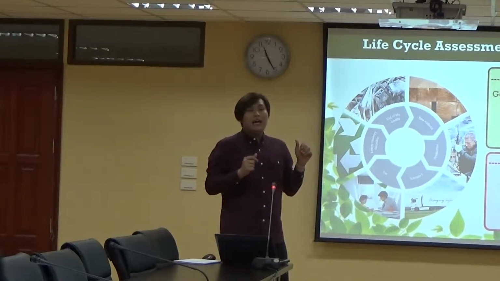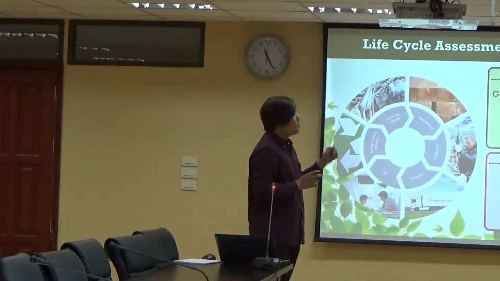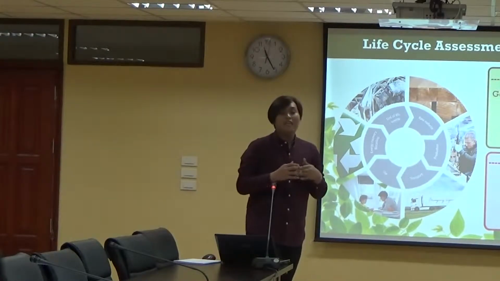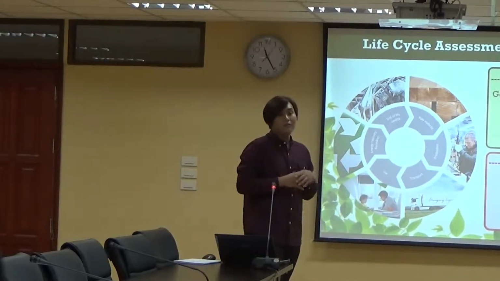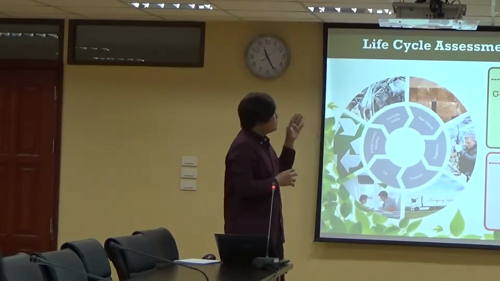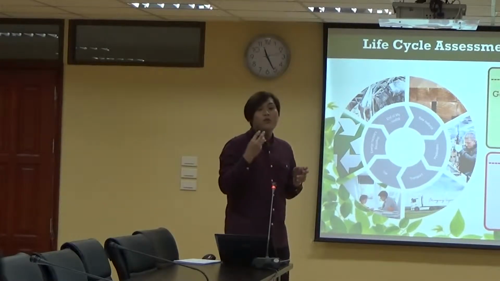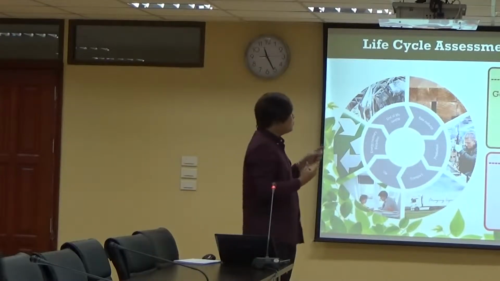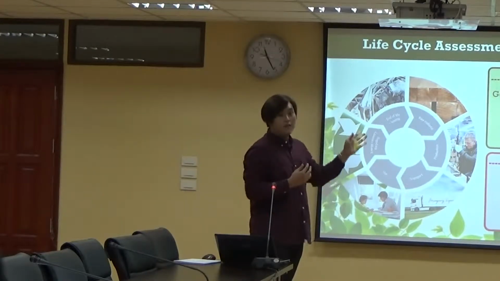We will analyze from raw material to the product. The third is cradle to grave. Analyze from the raw material to the disposal. And the last one is cradle to cradle. Cradle to cradle is different from the cradle to grave. The material that we use can be reused or recycled. So you will analyze from the raw material to the raw material again.